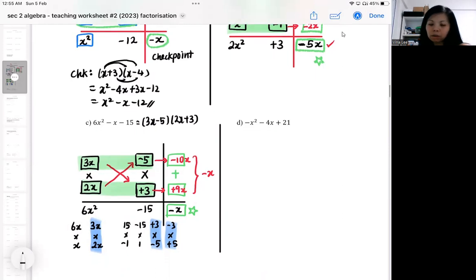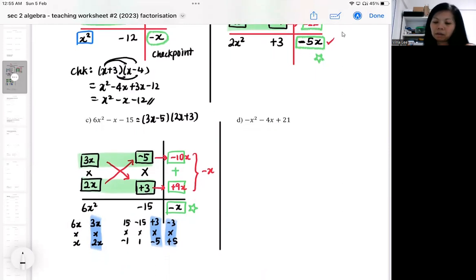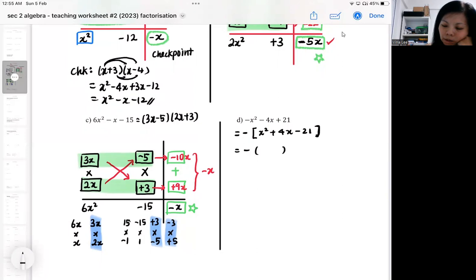Okay, in the last one here, you got a minus x squared. Usually, I don't like to factorize with a negative. So usually, I will factorize out the negative first. Then later on, I will get my two brackets.